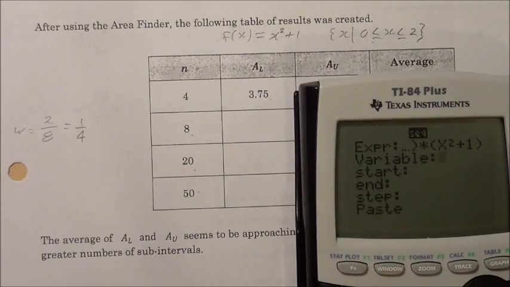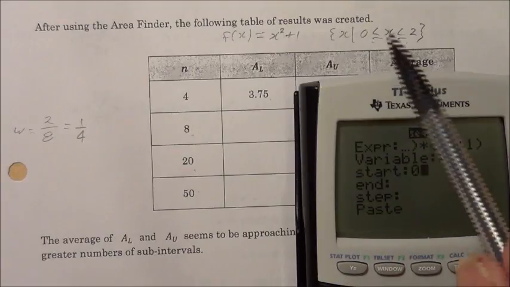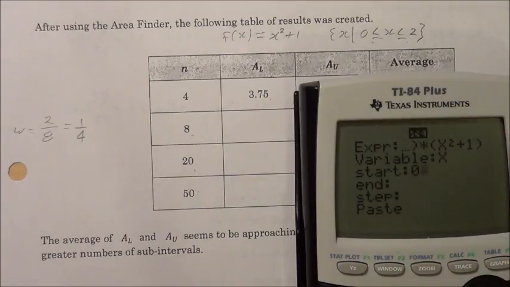The variable is going to be x, and for the lower rectangles we start at 0, because that's the left bound of the interval. Because we're dividing it into quarter-unit-wide strips, we're always going to end 1/4 away from the end of the 2 unit interval.